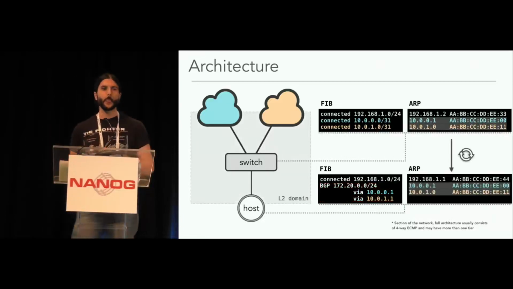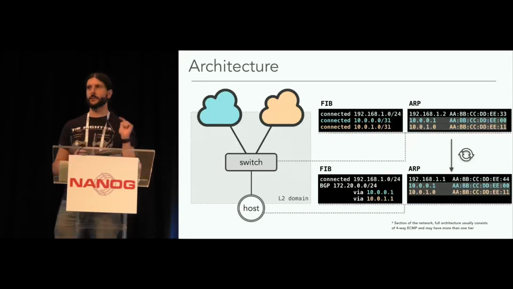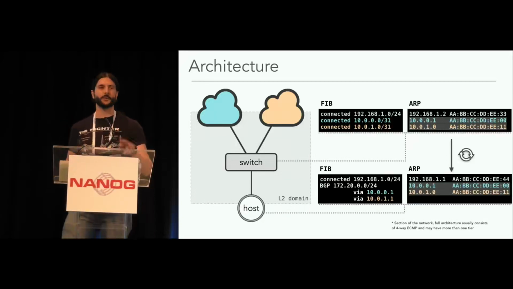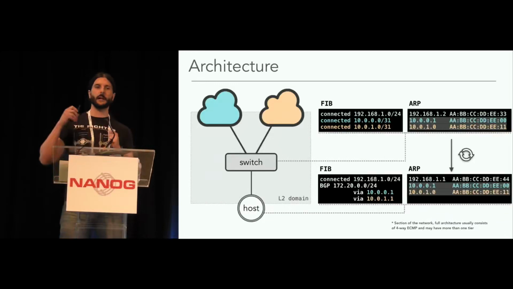So here's the trick. We put everything on the same layer 2 domain: transits, switches, and host. I know it's gross, but it works. Now, you synchronize the ARP table from the switch to the host. You send all the ARP entries that belong to transit.